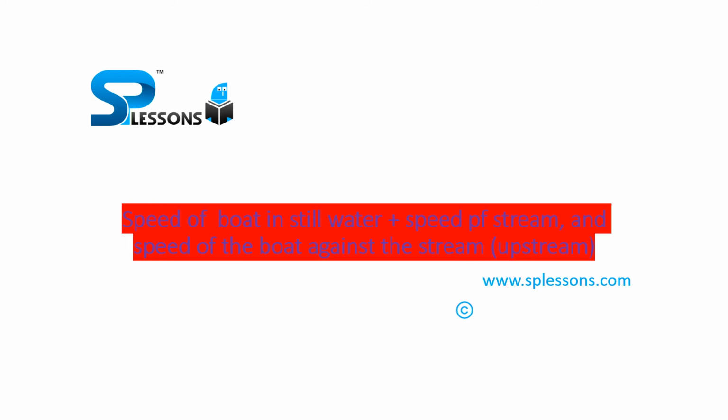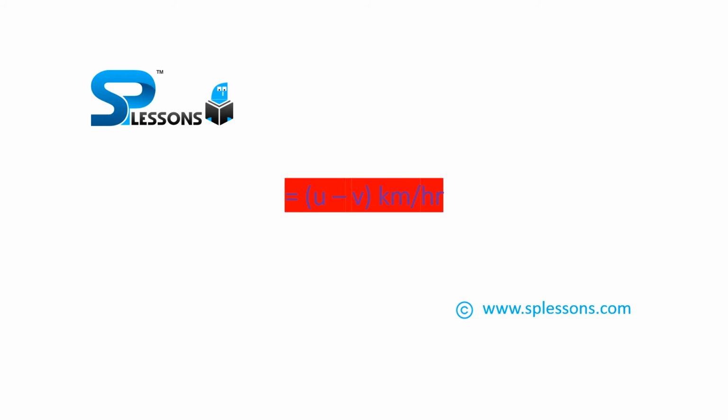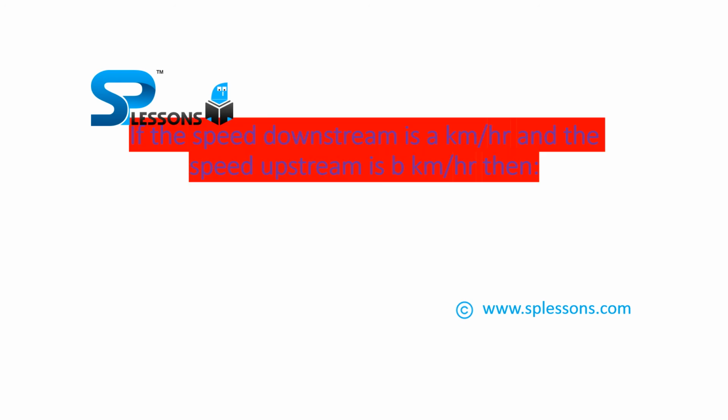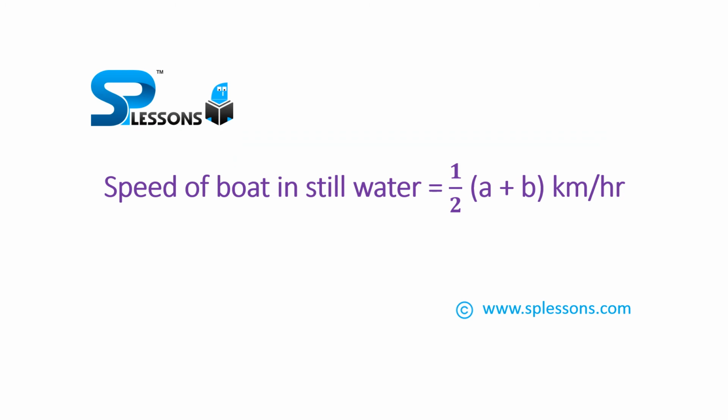And the speed of the boat against the stream, that is upstream, is u minus v km per hour, the speed of the boat in still water minus the speed of the stream. If the speed downstream is a km per hour and the speed upstream is b km per hour, then the speed of the boat in still water is half of a plus b km per hour.